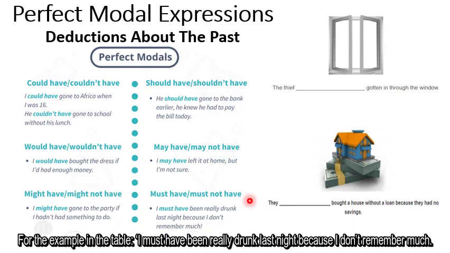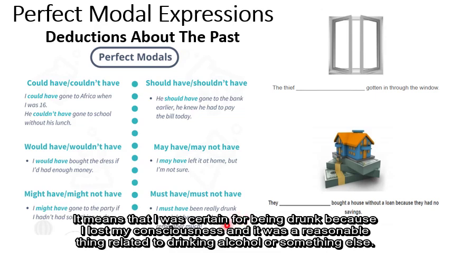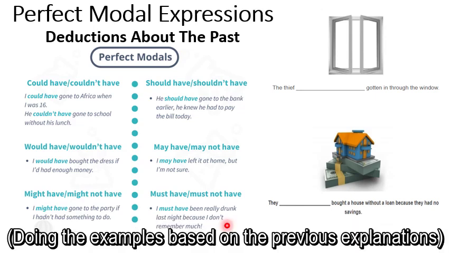For the example in the table, I must have been really drunk last night because I don't remember much. It means that I was certain of being drunk because I lost my consciousness, and it was a reasonable thing related to drinking alcohol or something else.